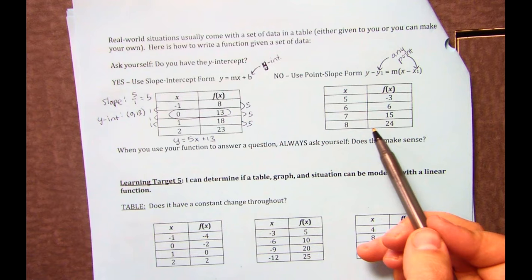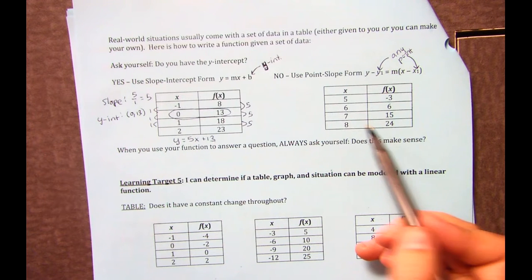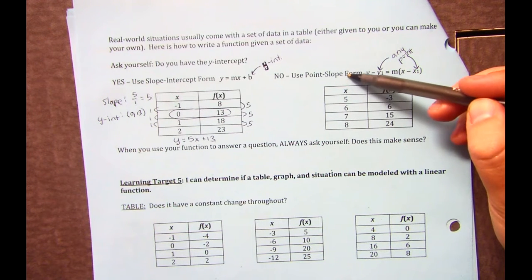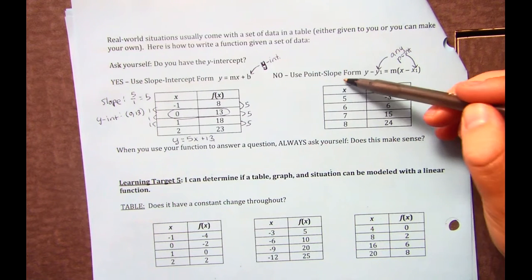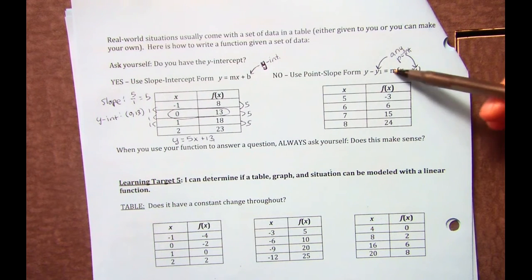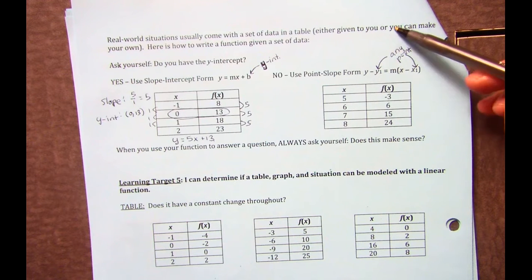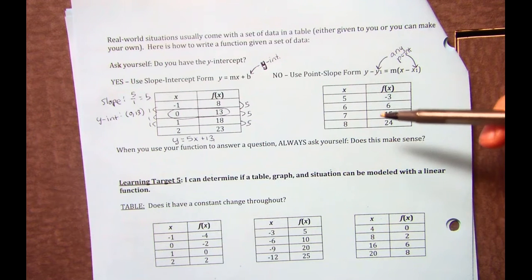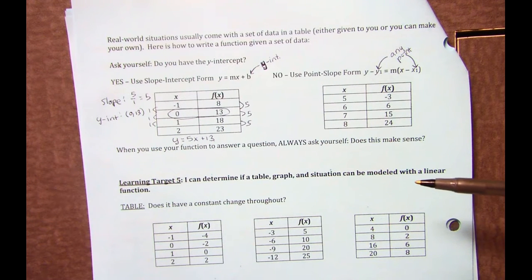Now, if we go over here, we don't actually have a y-intercept. And we couldn't find one either, because the y-intercept happens, oh, we could, never mind. We could follow that back, and we could find the y-intercept. We could go 4, 3, 2, 1, 0, and keep following the pattern back and see what this is when x is 0. So we could get the y-intercept, but in situations like this, it is often a lot easier just to use point-slope form.